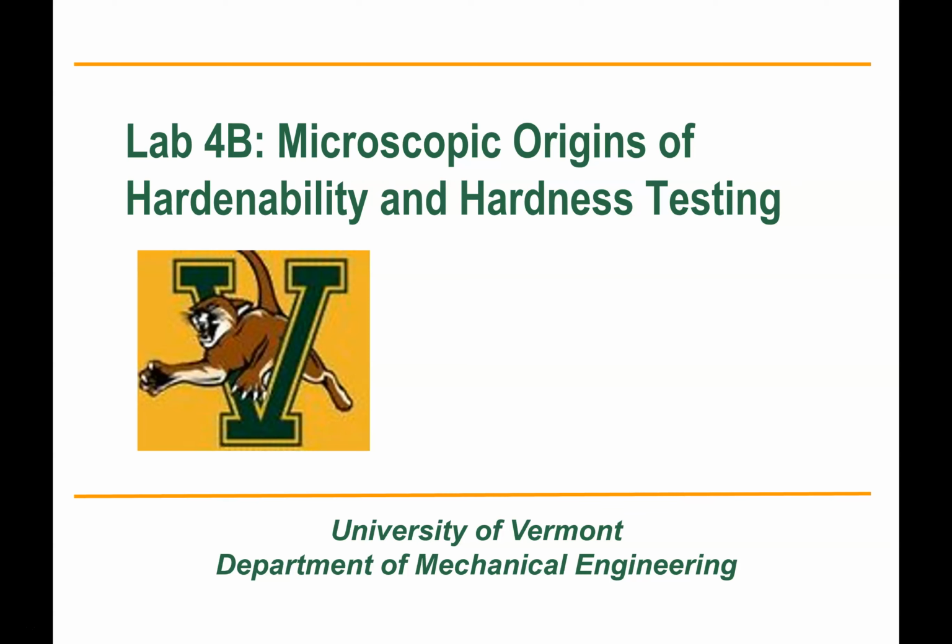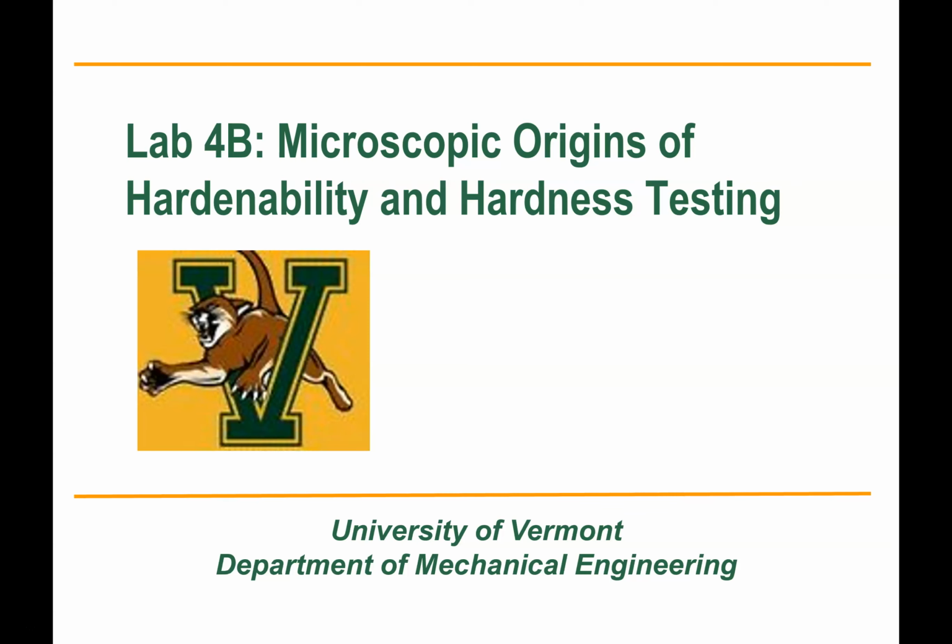So remember that you are testing 4 types of specimen: 1045, 1018, 4140 and 4340. And so the idea here is to compare the effect of alloying element on the hardenability of steels and also study the effect of carbon content on hardenability.